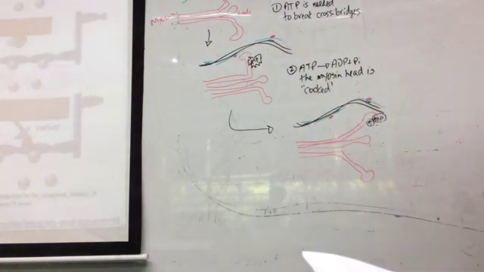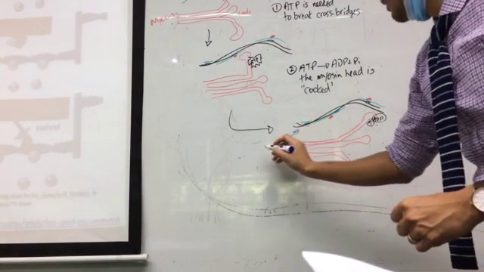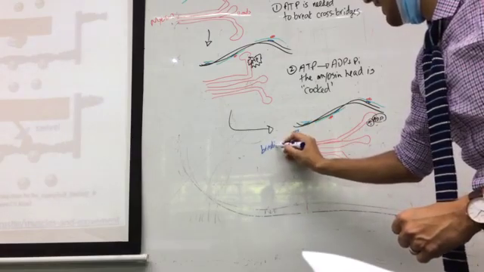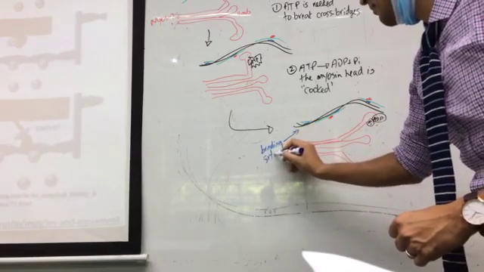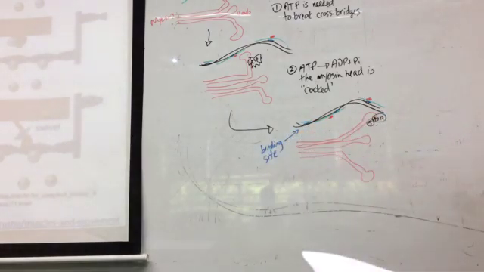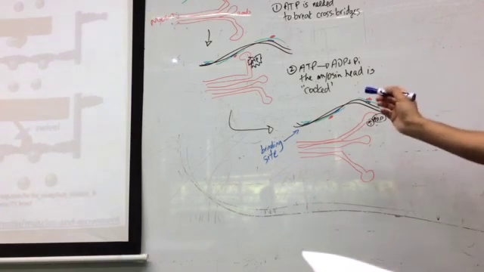What that blue is representing is something called a binding site. There are specific locations on the actin, regular locations, where myosin can bind to the actin.